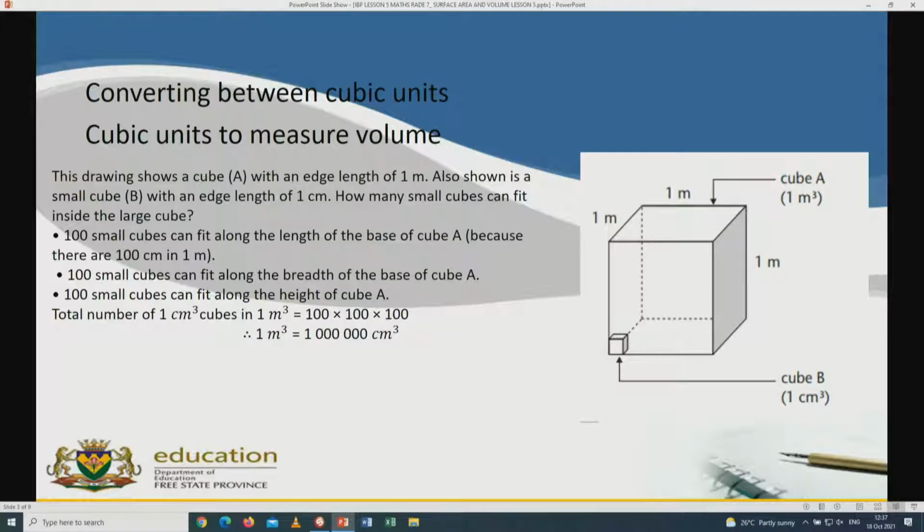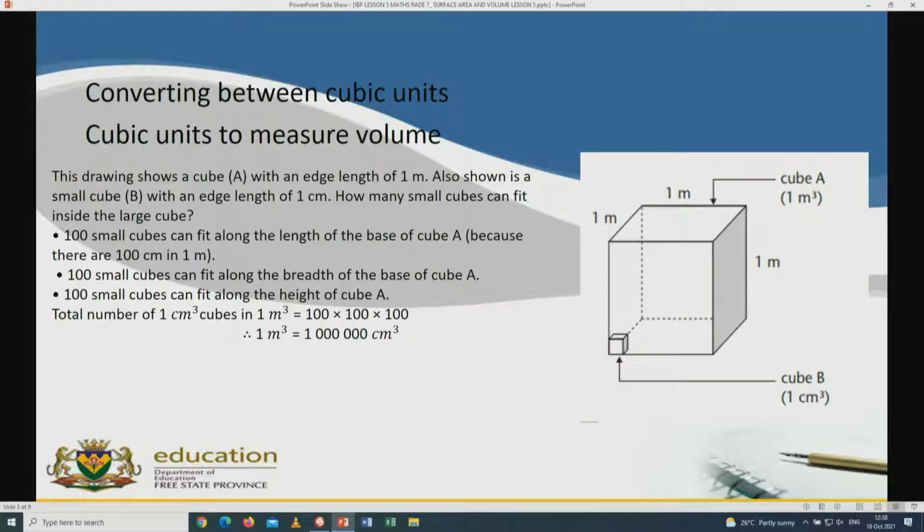If we have to calculate the volume, from the previous lesson we said that V will be equal to length times breadth times height, which will be 1 meter multiplied by 1 meter multiplied by 1 meter, which will give us what? 1 cubic meter.